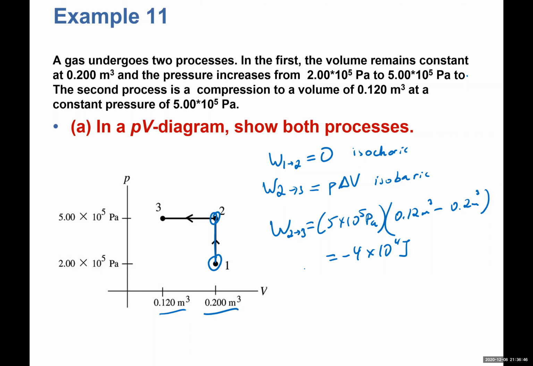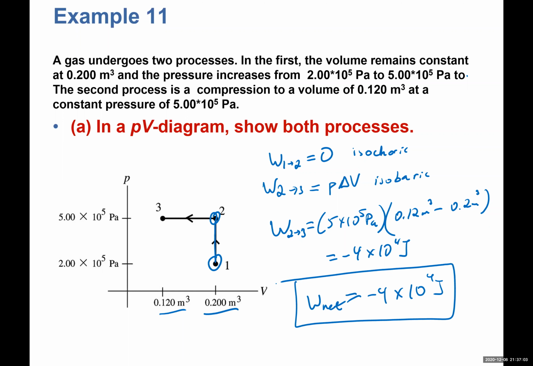So the volume decreases. That means if we calculate the total work done, the isochoric process is 0 work done, and the isobaric process is negative 4 times 10 to the 4. So the total is negative 4 times 10 to the 4 joules. All right. So that's for this example. That means we needed to do the PV diagram and then calculate the work done.